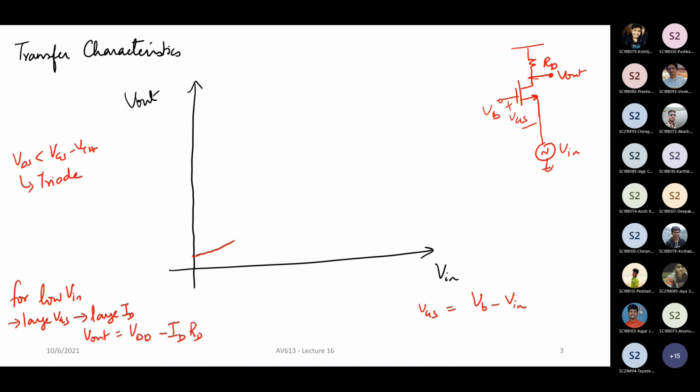Okay. Now, as you keep increasing Vin, what happens? The VGS starts decreasing, and because you are reducing the VGS, ID starts decreasing and Vout starts increasing. So what you would see is something like this. Now, this keeps going till the point that this transistor turns off. When will it turn off? What is the value of input for which the transistor will turn off?